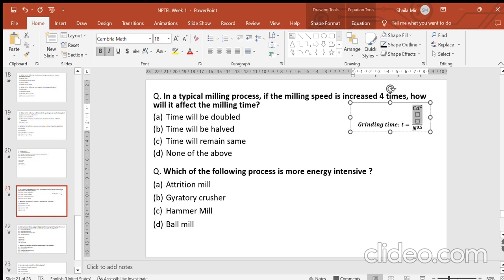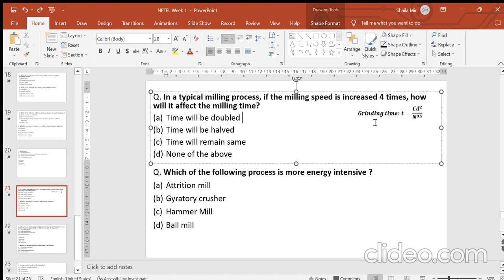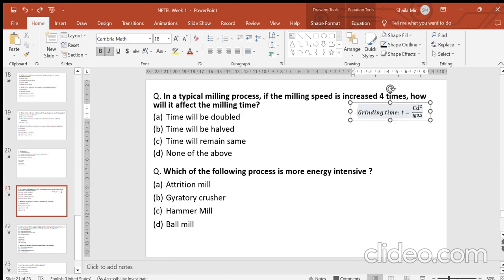So you have to calculate it using this formula of relationship between the time and the milling speed.